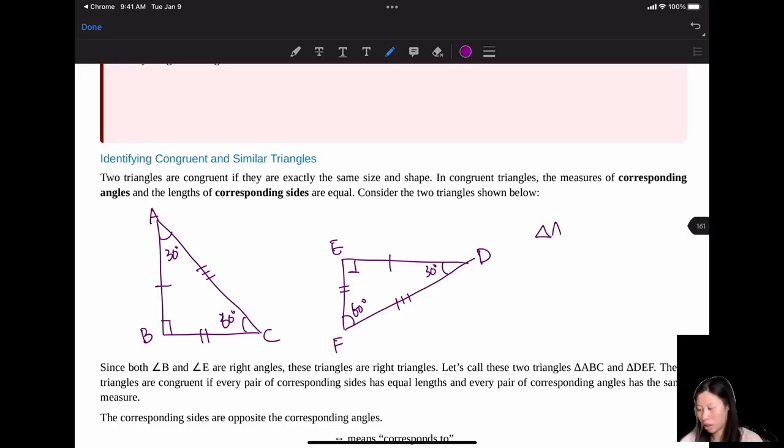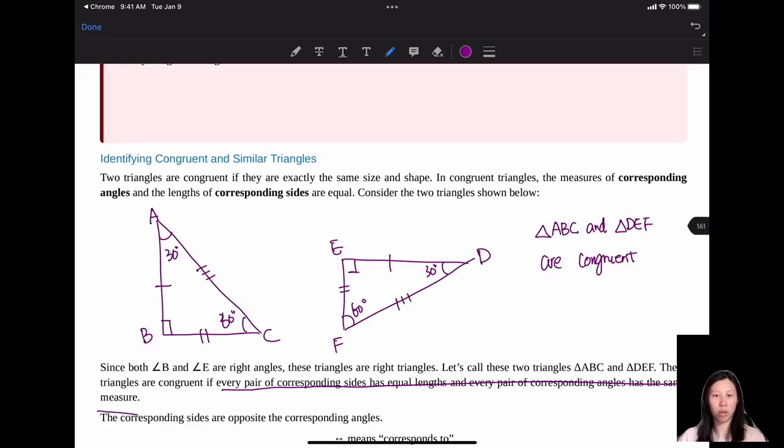I can say triangle ABC and triangle DEF are congruent, because every pair of corresponding sides has equal lengths, and every pair of corresponding angles has the same measure.